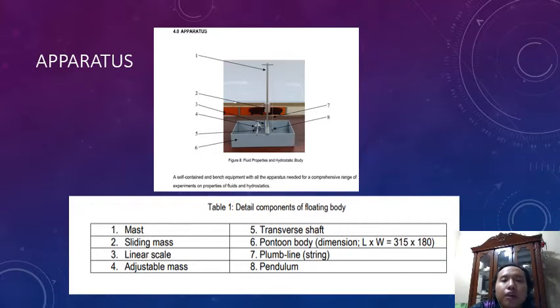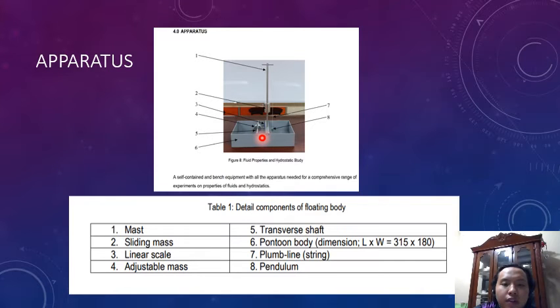Now we will go to the apparatus. So this is all the apparatus that we will use. First, this is the mesh, and second, the sliding mesh. Number 3, linear scales. Number 4, adjustable mesh.